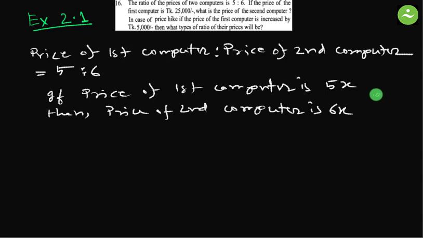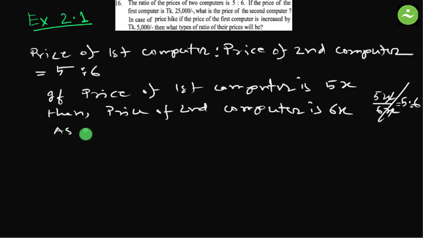Why? Because the ratio has to be 5/6 or 5:6. Here 5x by 6x, x gone, the ratio is 5:6. The price of first computer is 25,000. Now we can write 5x equals 25,000, and we can get the value of x.